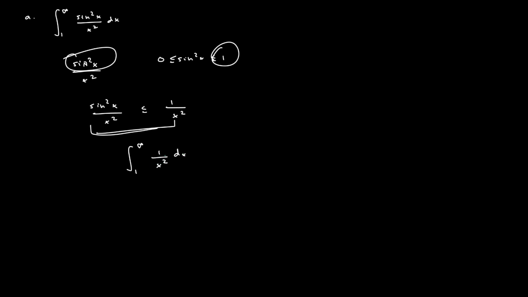When a polynomial power function has a degree greater than 1, it must converge. And so we know from the prior fact that this converges, because it's a power function with p being the degree, p equals 2, and p equals 2 is greater than 1.